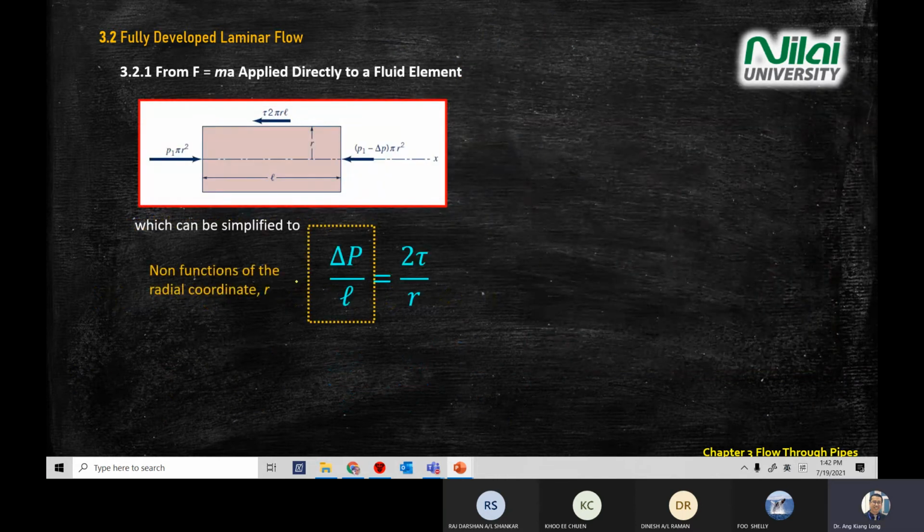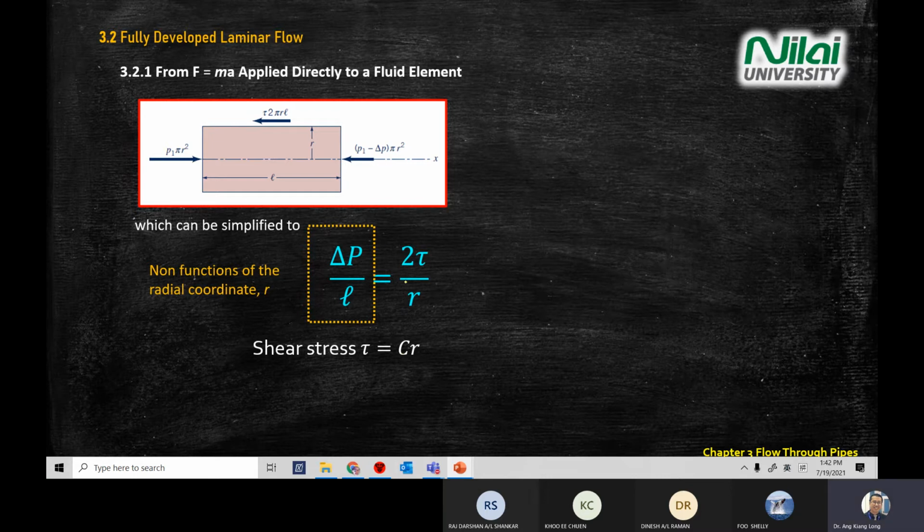So we already agree we have delta P divided by L equal to 2 shear divided by R. So let's say we have a shear stress in a ratio of R. What does it mean?